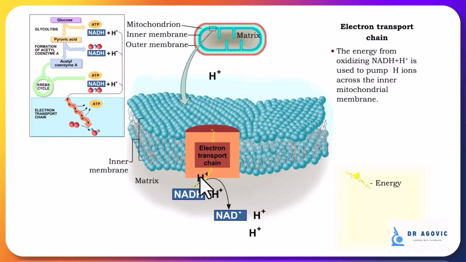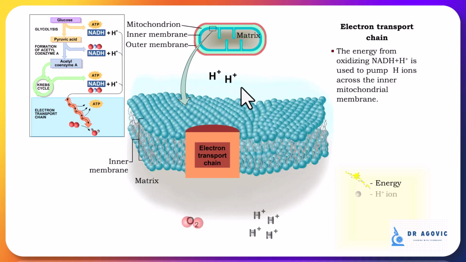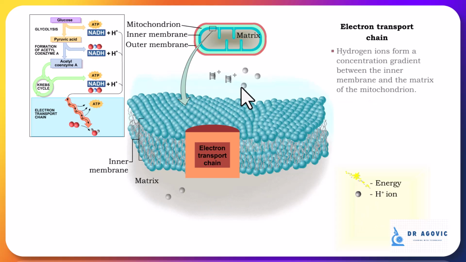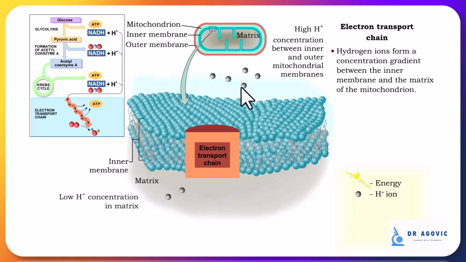In this process, a byproduct is formed, which is water, and that is when the hydrogens combine with oxygen. Hydrogen ions slowly accumulate and form a concentration gradient between the inner membrane and the matrix of the mitochondrion.